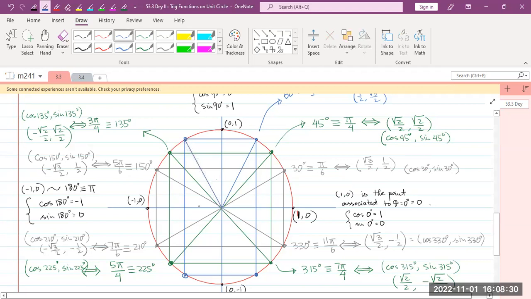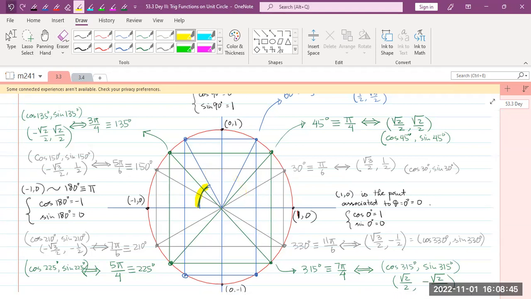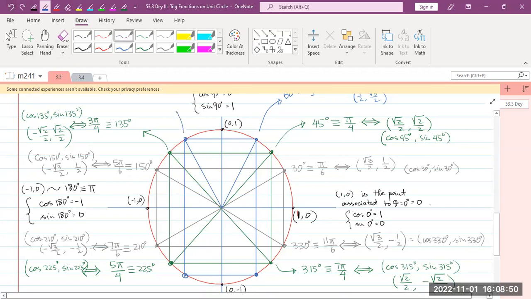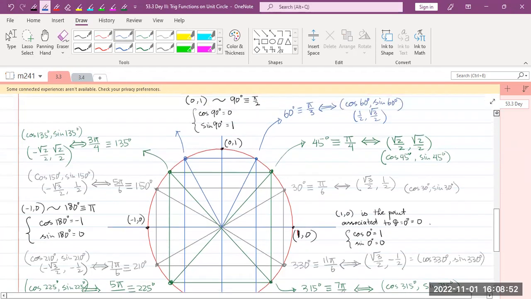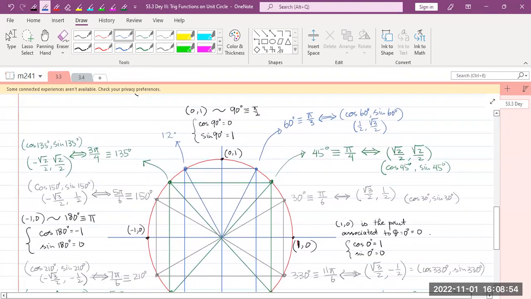Okay. So if this is 60 degrees here, I'm talking about this. If this is 60 degrees, then this must be the supplement, 120 degrees, right? So this is 120 degrees. That corresponds in radian to 2 pi over 3.